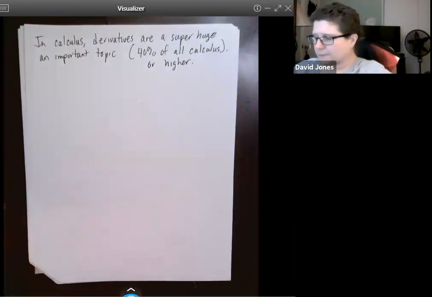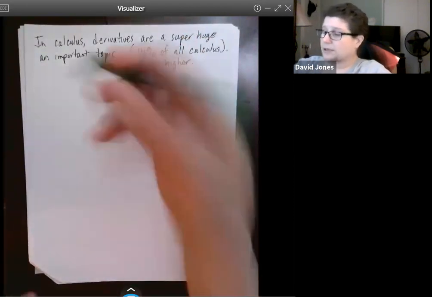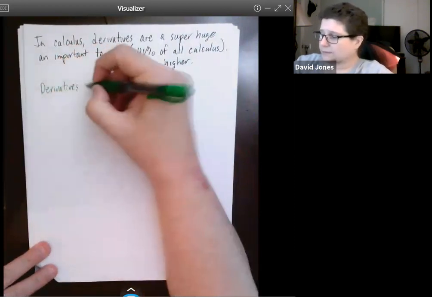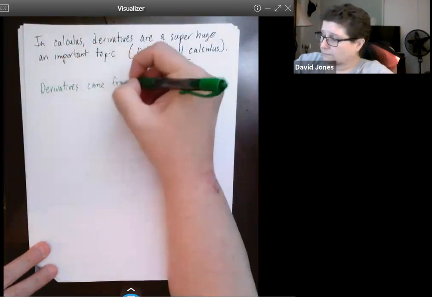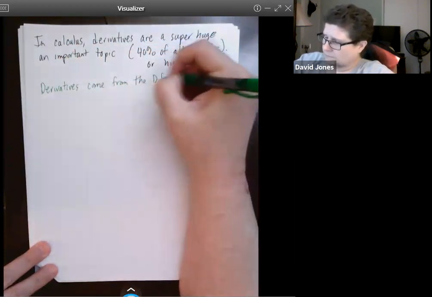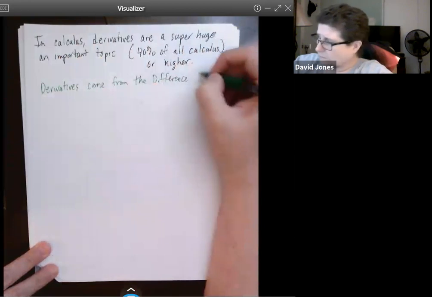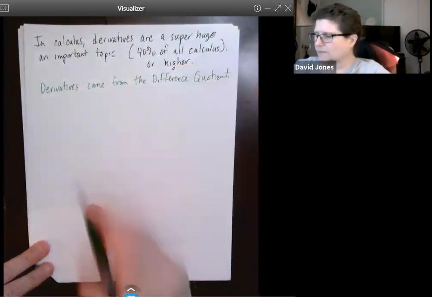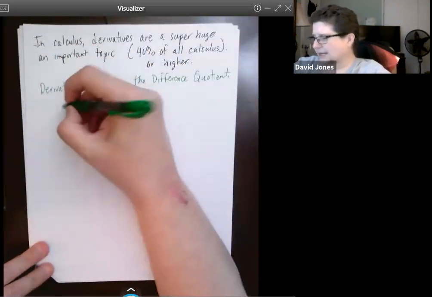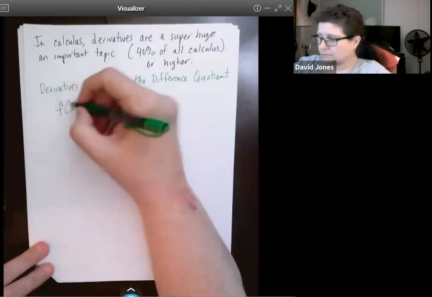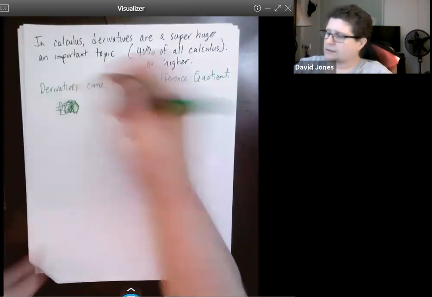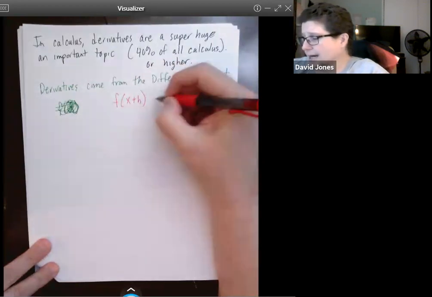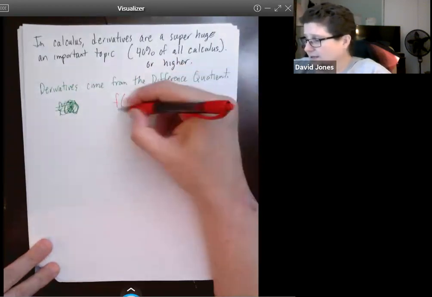Derivatives are developed from the difference quotient. Derivatives come from the difference quotient. And what that is: f of x plus h minus f of x, divided by h.